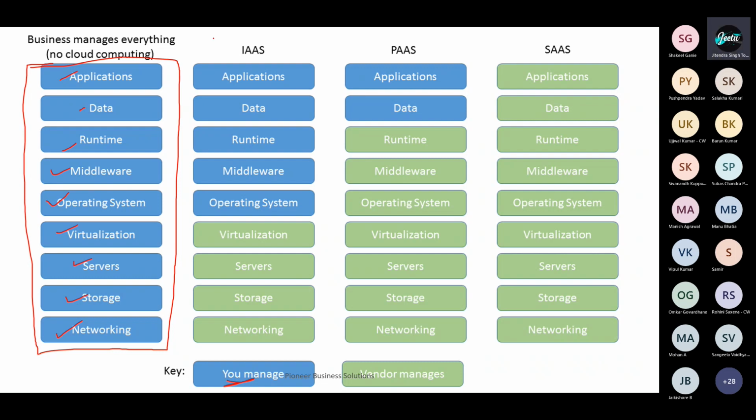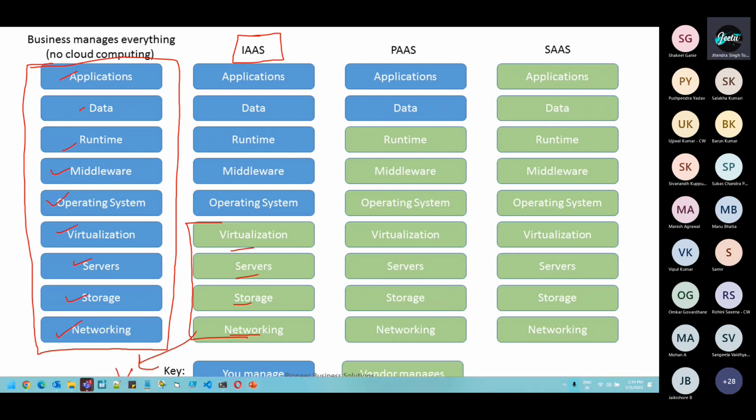Now, when it comes to infrastructure as a service, you have to manage but a few things only. Meaning, you will not be managing the networking, storage, servers, or virtualization. This will all be managed by the vendor, either Azure or AWS, whichever you are using.